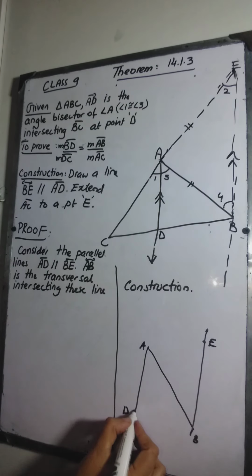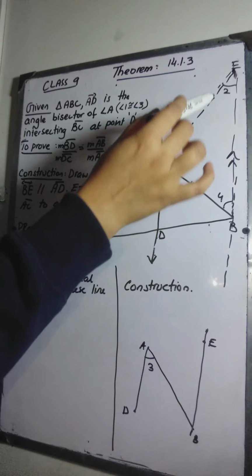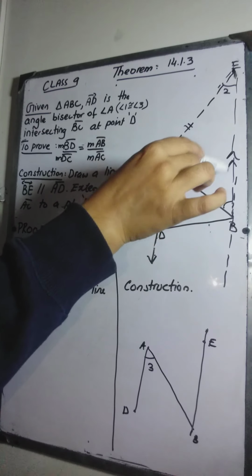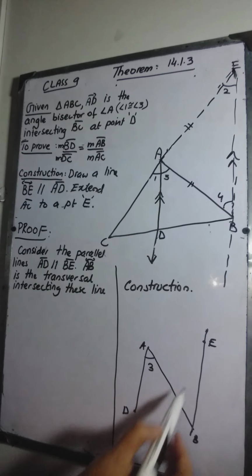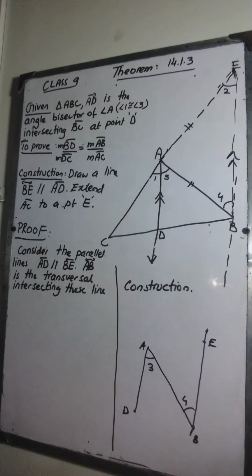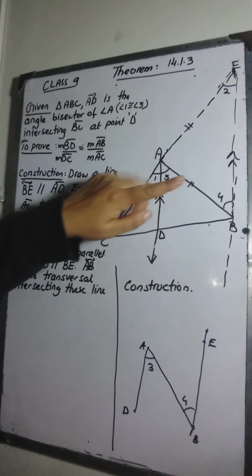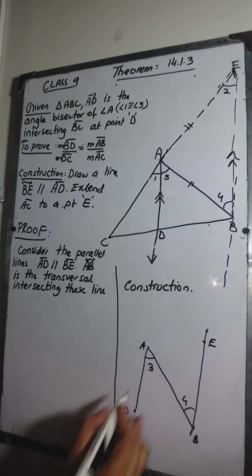Between AD and AB we have angle 3, and angle 4 is between this line BE and AB. So this is the picture that we are having over here. Now as you see, they are the alternate angles formed by two parallel lines.